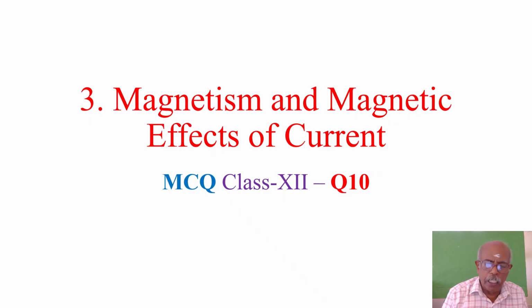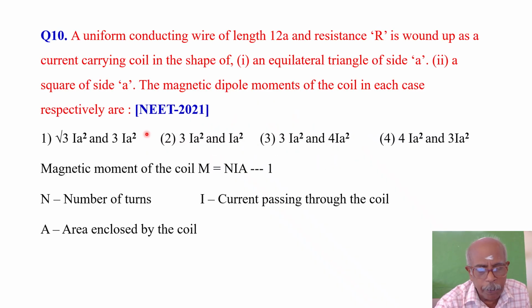In today's video, we are going to solve a multiple choice question in the chapter Magnetism and Magnetic Effects of Current. This question was asked in the NEET examination in the year 2021. Somewhat different question. Look at the question: a uniform conducting wire of length 12a and resistance R is wound up as a current carrying coil in the shape of 1, an equilateral triangle of side a, and 2, a square of side a.